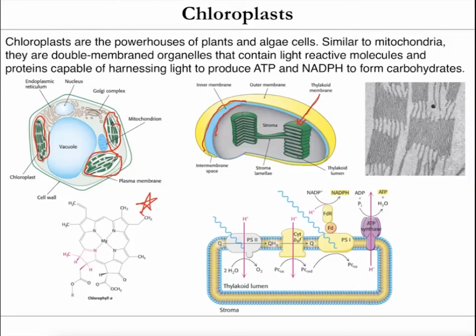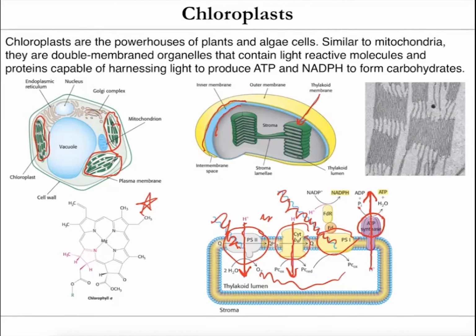So this contains chlorophyll and these different proteins, these photosystems, and these are going to absorb light and use the energy of that light to, just like in mitochondria, pump protons to make a proton gradient on one side of the membrane as opposed to the other side. And then that proton gradient is used by the same molecular machine, this enzyme called ATP synthase, to synthesize ATP from ADP. So here's an electron micrograph of these structures within the chloroplast.